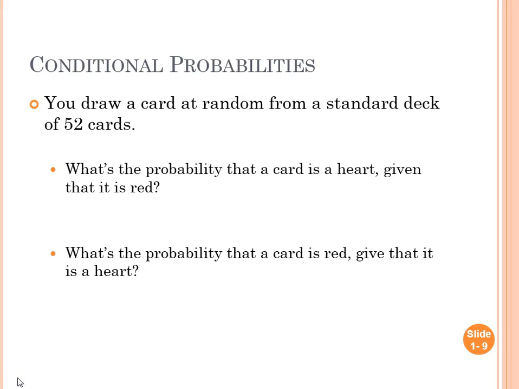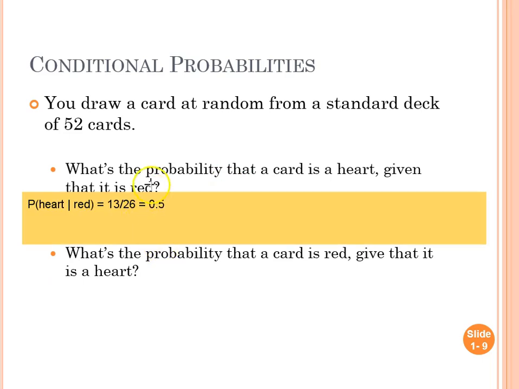So let me work through a few problems to show you how to calculate conditional probabilities and how they might read. So here we have a deck of 52 cards, and it's a standard deck, and you draw at random one card. Now I'm going to tell you what's on the card, but you don't know what the card is. Let's start by saying that the card is red. So that would mean, given that it is red, you want to know the probability that the card is a heart.